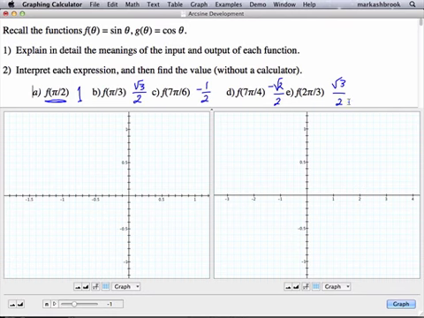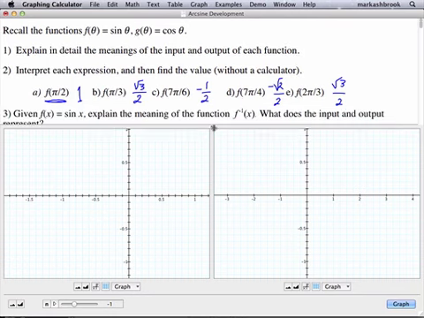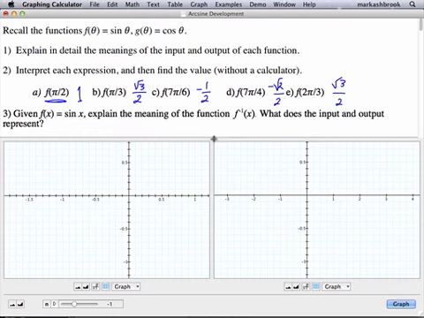So what would be the meaning then of f inverse of x? Tell the person next to you. So what would the input and output be if we did the inverse function of f? Because your input for the inverse is the output of your normal function.